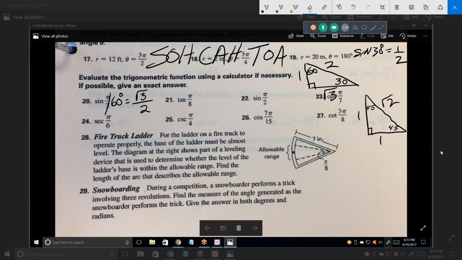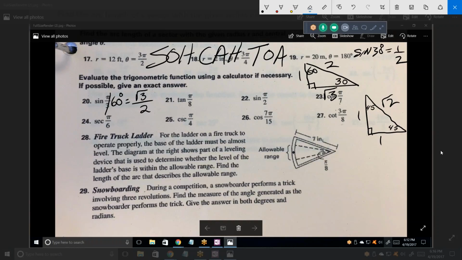Now, just for a moment, look at these 2 triangles. Tell me what the tangent of 30 degrees is. Don't worry about rationalizing it, just give me the ratio. 1 over square root of 3. Good. What's the sine of 45 degrees? 1 over the square root of 2.